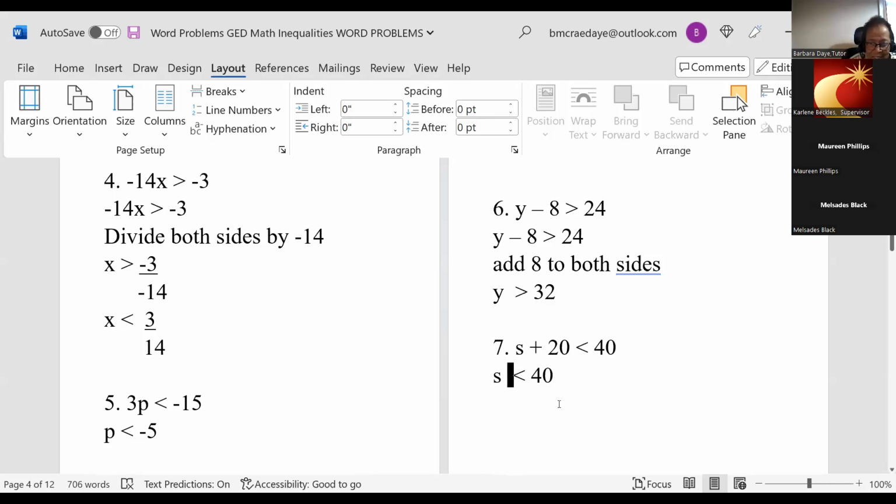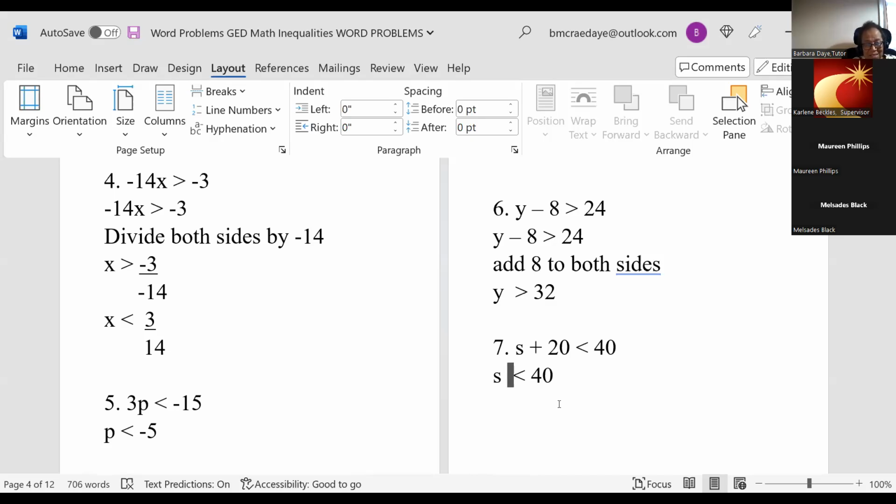Where are you getting 38, Mercedes? Because it says it's a plus, so now it's a subtraction. Am I mixing up again? Yeah, but that's a 20. Oh my god, I wrote down 40. Sorry. Yeah, that's a 20, but you said 38.